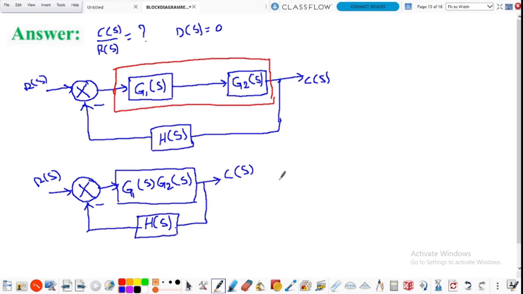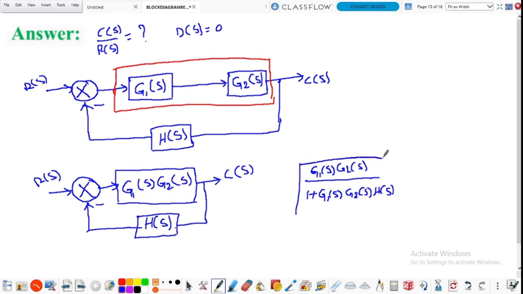So G1 of s, G2 of s by 1 plus G1 of s, G2 of s into H of s. Elimination of the feedback.